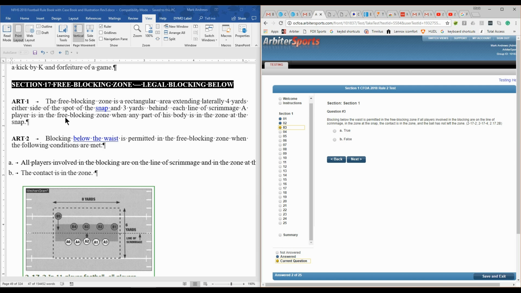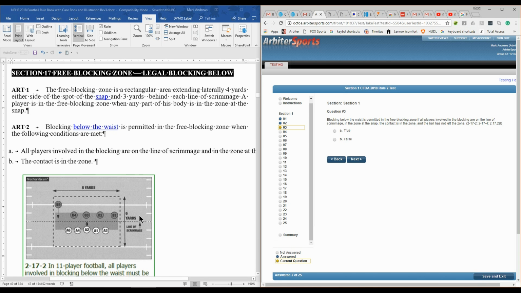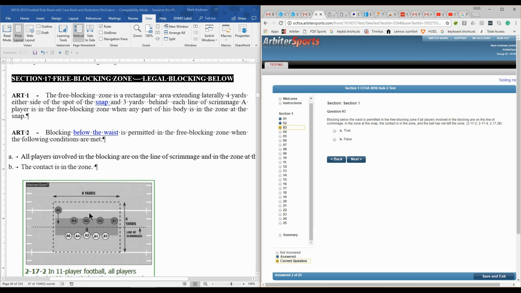A player is in the free blocking zone when any part of his body is in the zone of the snap. And down here we see a little pictogram of the free blocking zone. All these players that you see highlighted are in the free blocking zone and are therefore eligible, or it's legal, to block offense or defense below the waist as long as the ball is still in the zone.